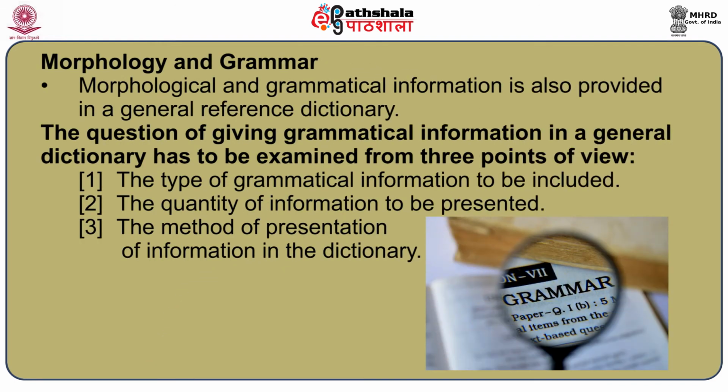Morphology and grammar. Morphological and grammatical information is also provided in a general reference dictionary. The question of giving grammatical information in a general dictionary has to be examined from three points of view: the type of grammatical information to be included, the quality of information to be represented, and the method of presentation of information in the dictionary.